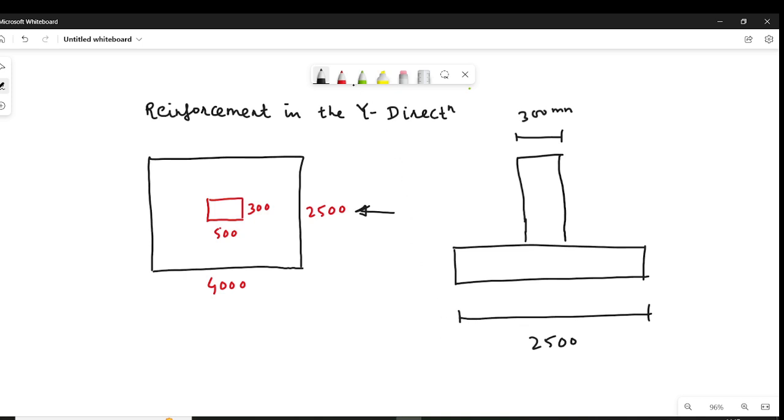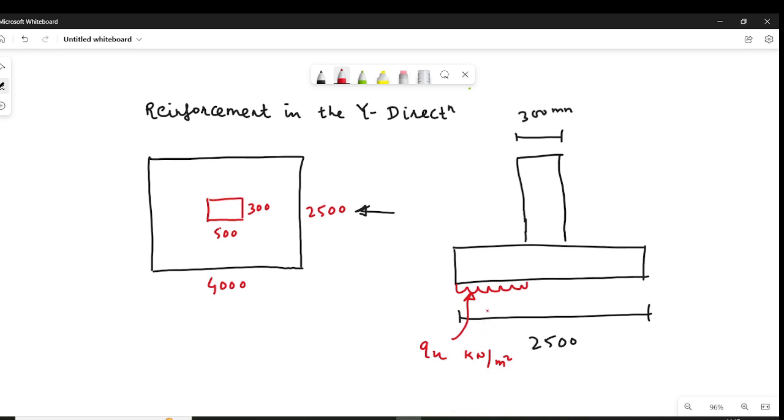Now this footing is subjected to soil pressure. It is subjected to upward pressure, which is denoted by QU. The unit of QU is kilonewton per meter square. We have to convert the unit of QU from kilonewton per meter square to kilonewton per meter.